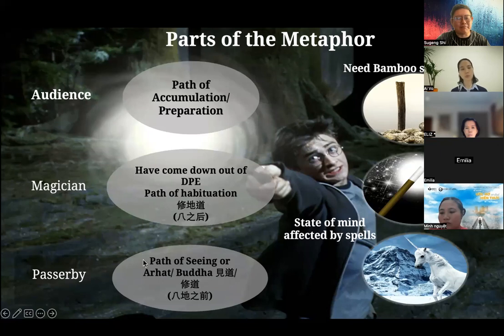And of course, the passerby is the metaphor of an arhat or a Buddha. Or no, there are 3 things, right? The passerby represents somebody on the path of seeing, or number 3, DPE, or an arhat or a Buddha. They are not influenced by the spell.